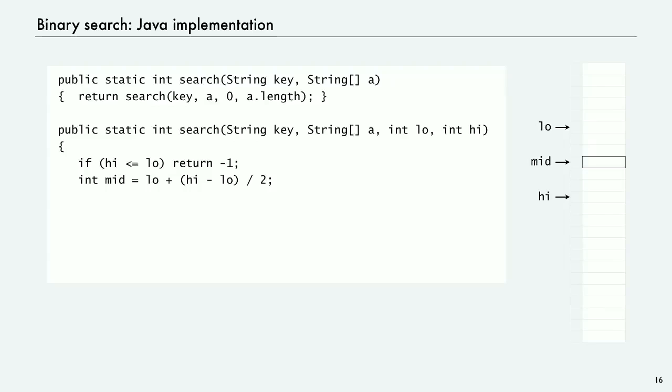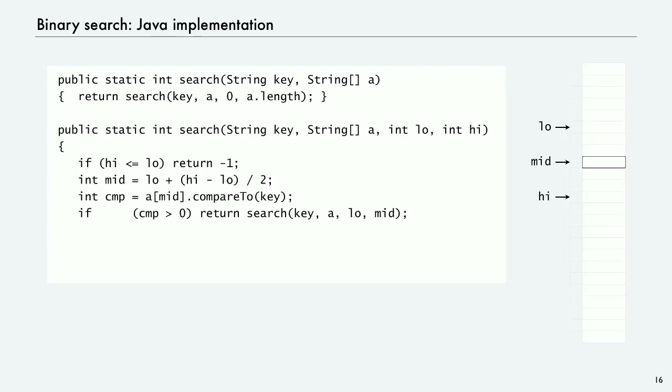Then we compute the index of the middle element, just as on the previous slide. And we compare that element against our key, and the result is minus 1 if our key is less, 0 if it's equal, and 1 if it's greater.